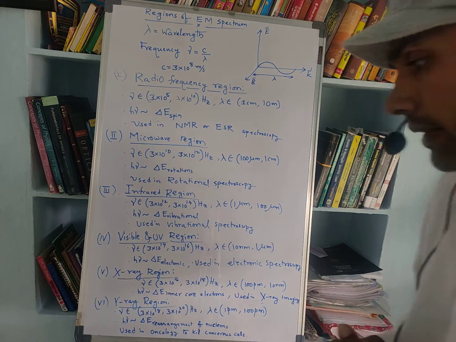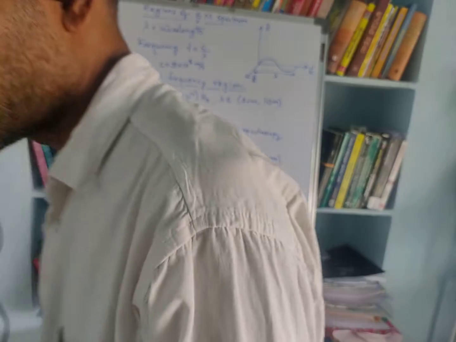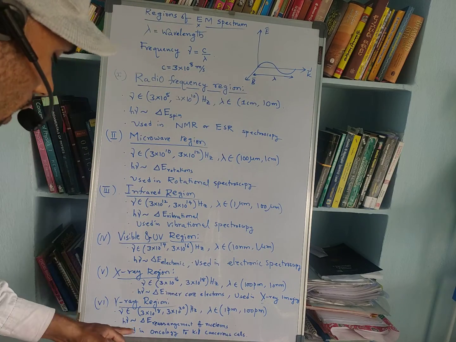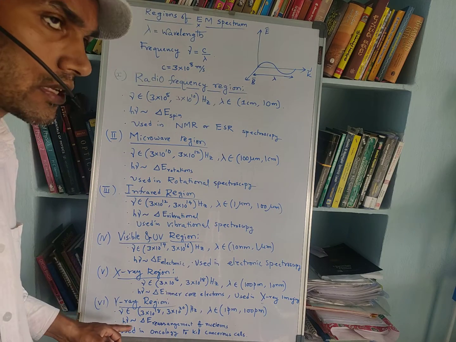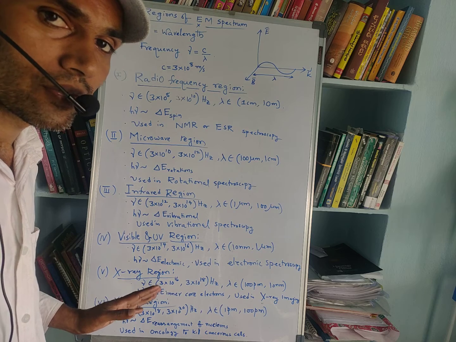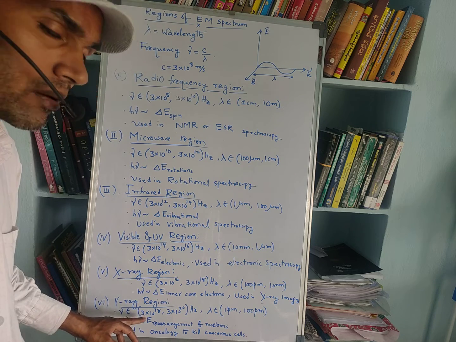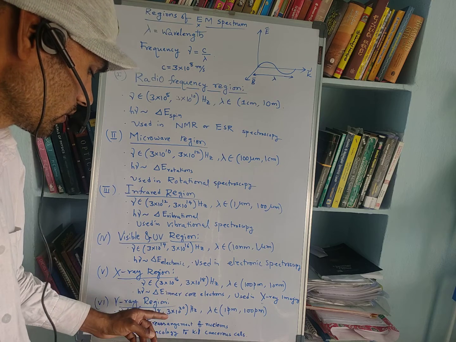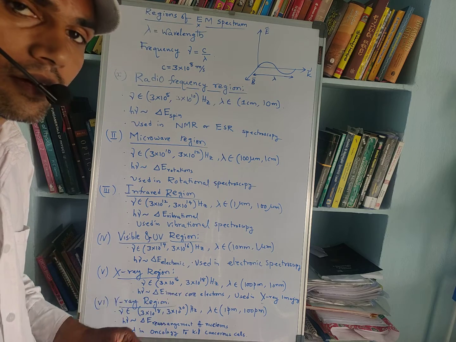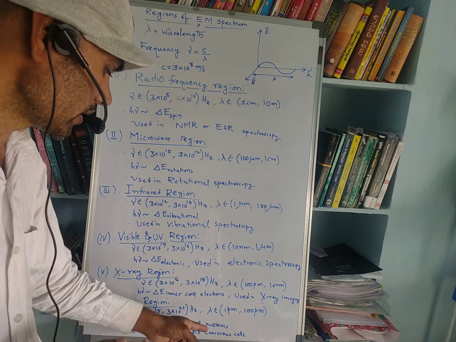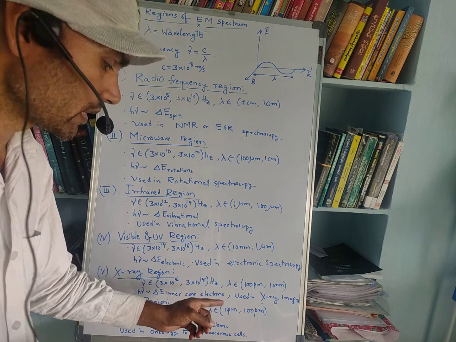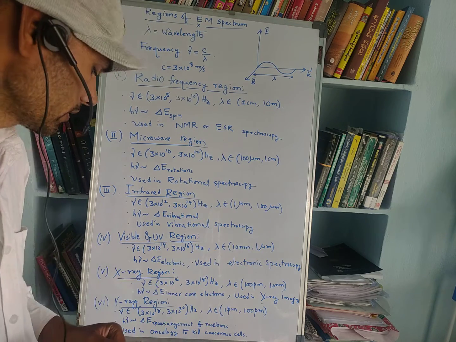So anyways, the last region is the gamma ray region, in which the frequency of the electromagnetic waves that belong to this region will be between 3 into 10 power 18 hertz and 3 into 10 power 20 hertz, and the wavelength of these waves will be between 1 picometer and 100 picometers.